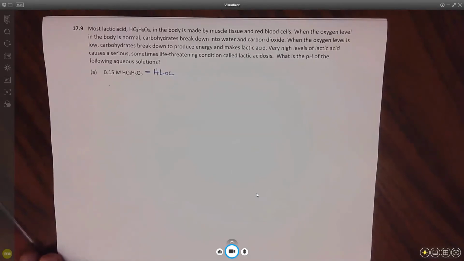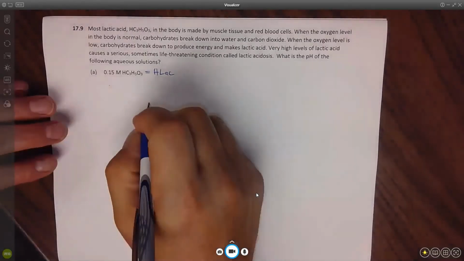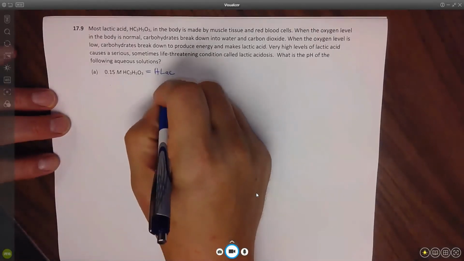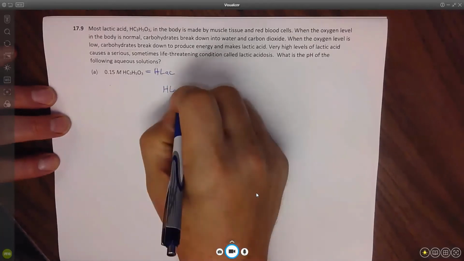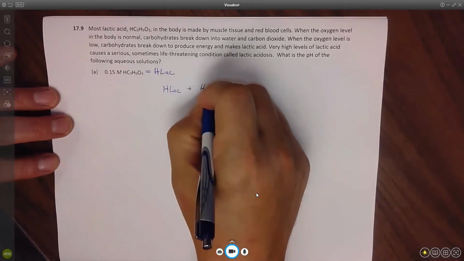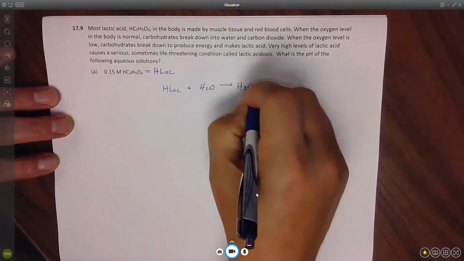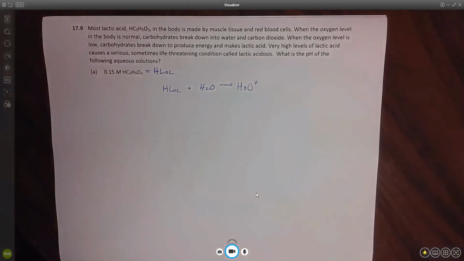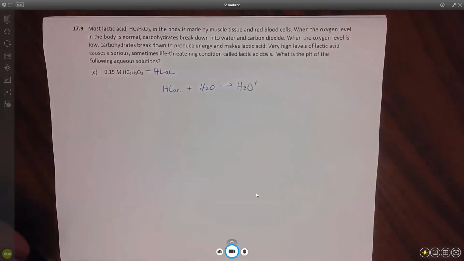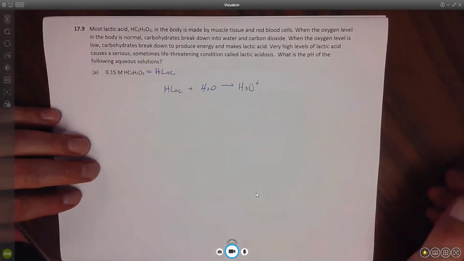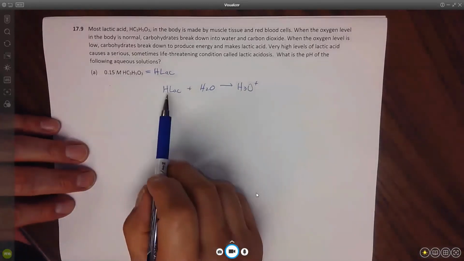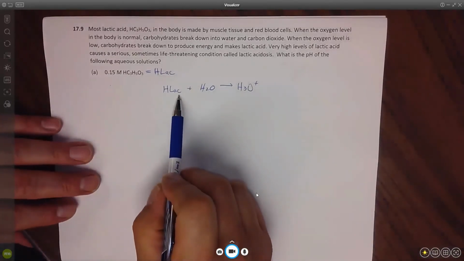What chemical reaction is relevant to this problem? The acid plus water. Okay, so that's the reactants. And then that would give you H3O plus, plus the C3H5O3.